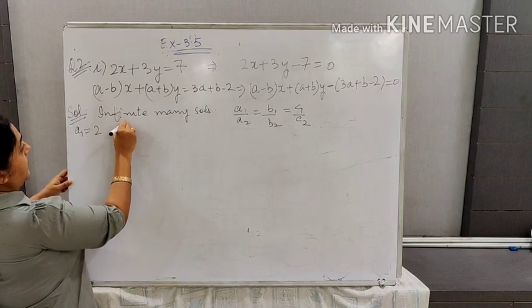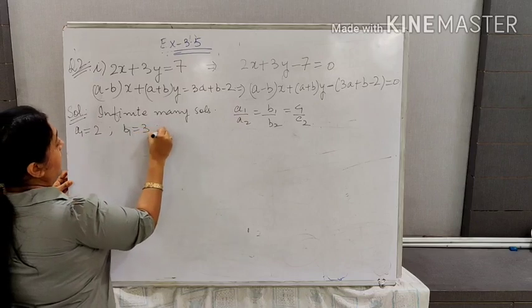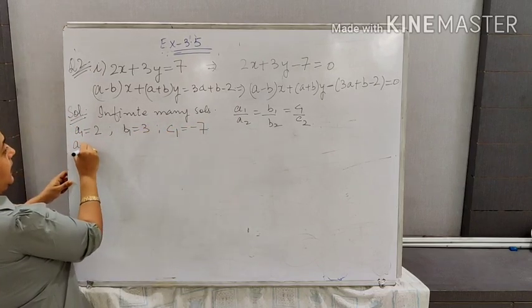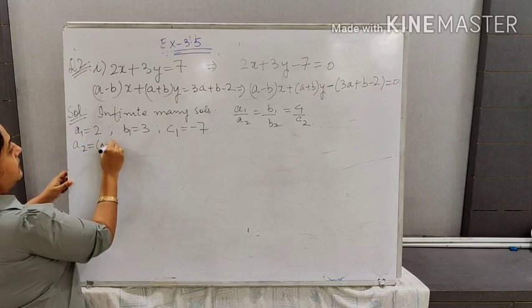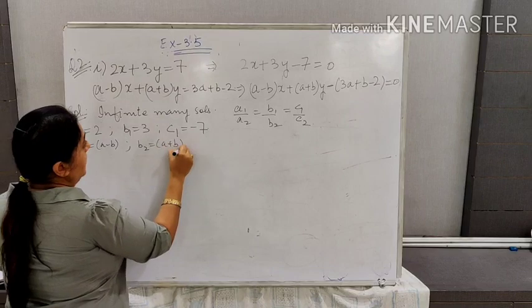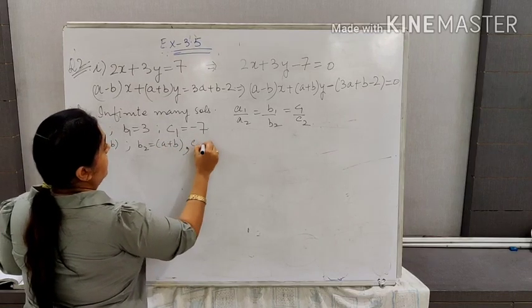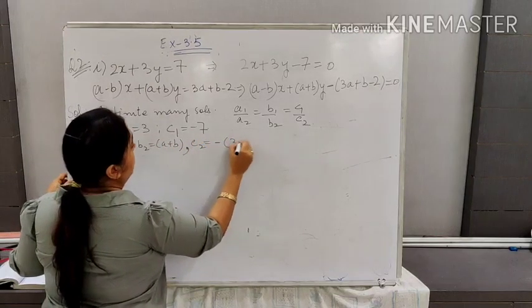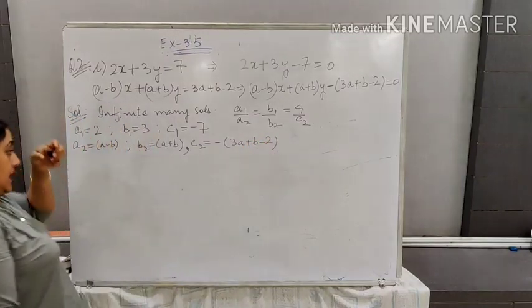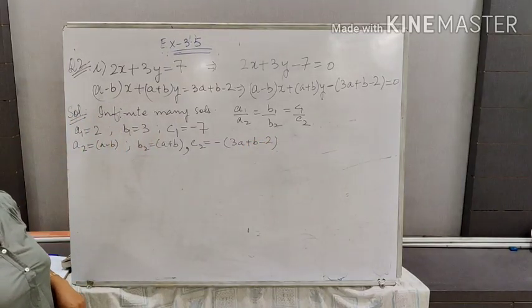What is B1? It is 3. And what is C1? It is minus 7. Similarly, A2 is a minus b, B2 is a plus b, and C2 is minus of 3a plus b minus 2. Right? This is the equation.